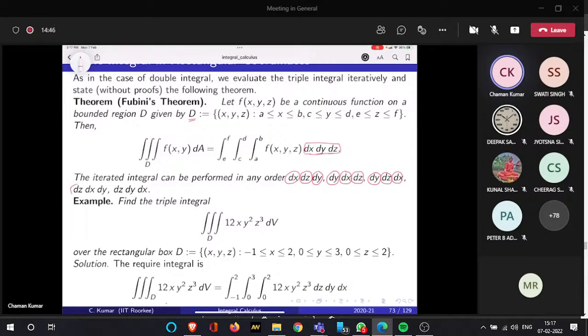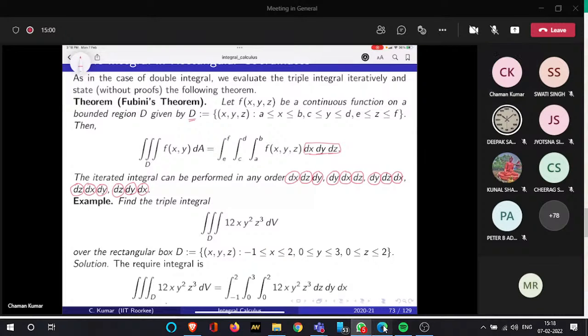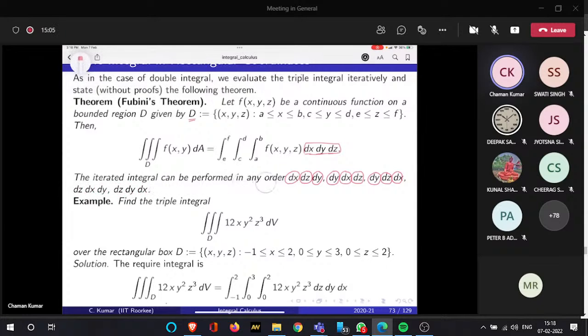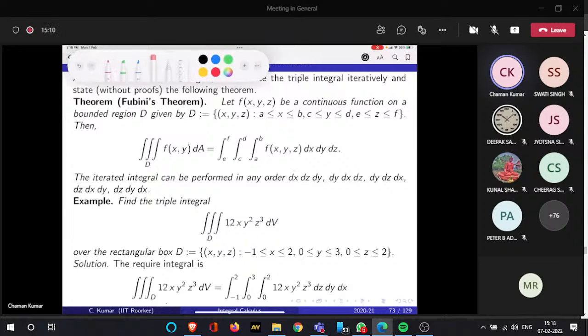Or z first, then x, then y. Or z first, then y, and then x. So in any order, you can perform this integration, provided the domain is of this type. If you change the domain of the function, then you have to see which integration is to be performed first, and how the range is to be defined.